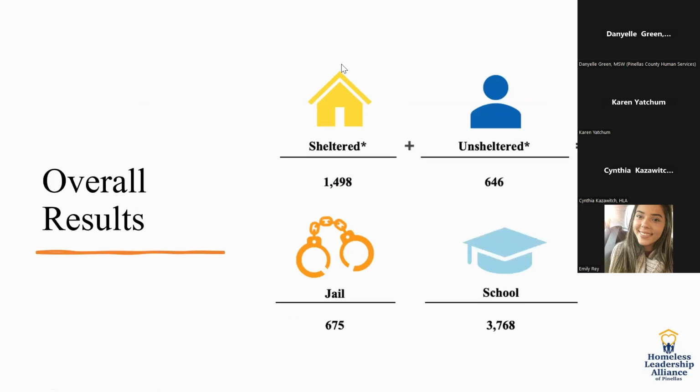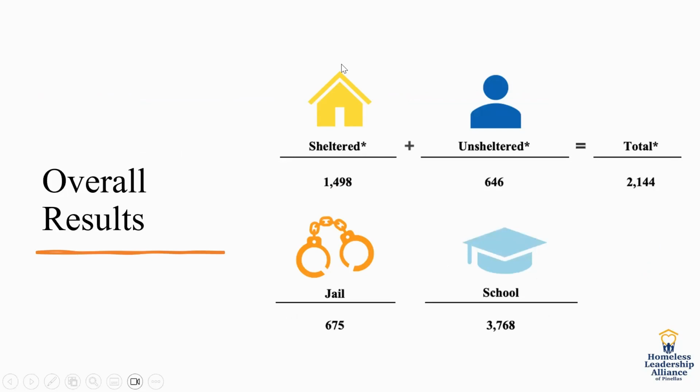The overall results, so between the sheltered and unsheltered data, there were 2,144 people identified as homeless. In the jail, 675 people were identified, and in the school, 3,768. One caveat I do want to say is that the sheltered, unsheltered, and jail data were obtained from one single point in time.